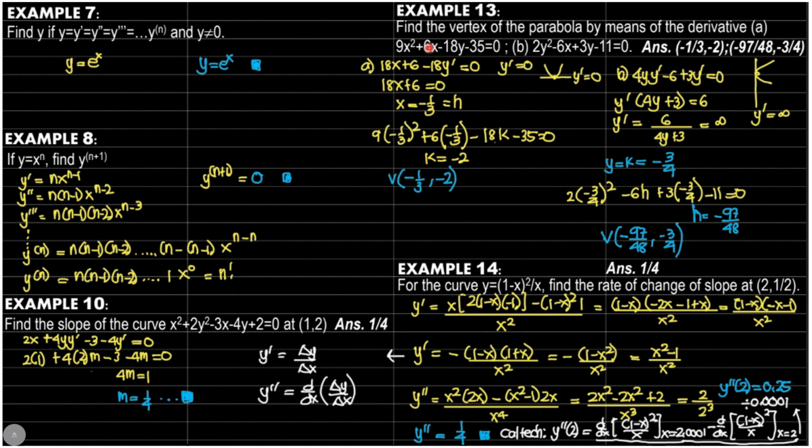Example 13. Find the vertex of the parabola by means of the derivative. The first parabola is 9x squared plus 6x minus 18y minus 35 equals 0. This parabola opens upward because the coefficient of y, the opposite variable to x squared, is negative. When we transpose it to the right, it becomes positive, so it opens upward.